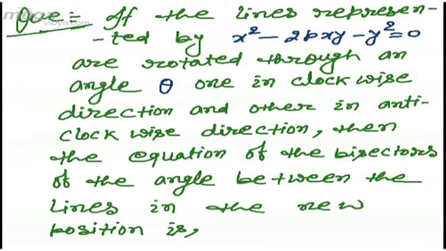Student, see here, you have to find out the equation of the bisectors of the angle between the lines. These two lines are rotating through an angle theta, one in clockwise direction, one in anti-clockwise direction, but still these two are a pair of straight lines.